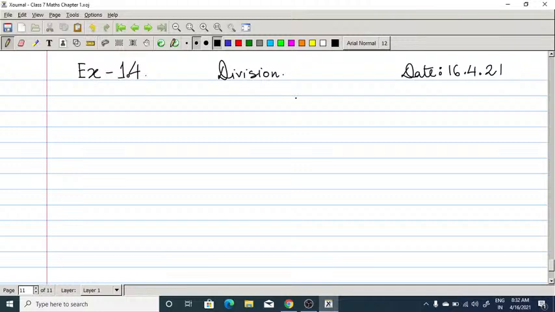Before we start with all the divisions, we have some rules on division. Like we have rules on multiplication, we have some rules on division also. You should keep these in mind.